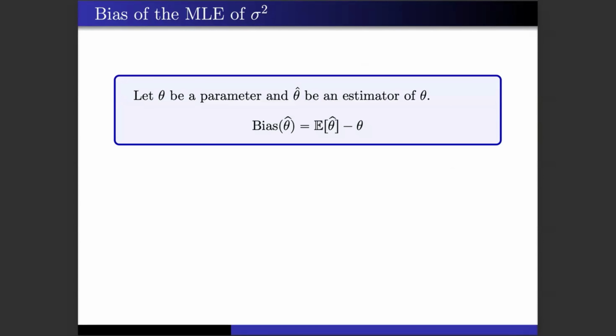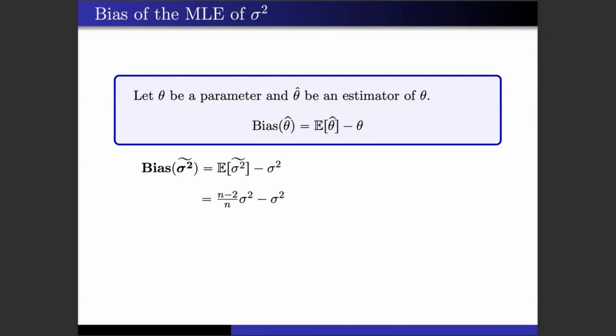Let theta be a parameter and theta hat be an estimator of this parameter theta. The bias value of theta hat is equal to the expectation of theta hat minus theta.